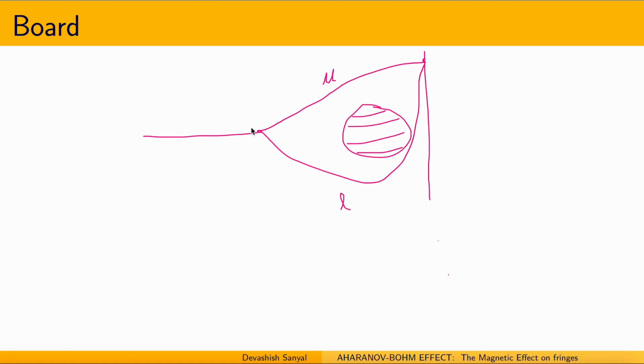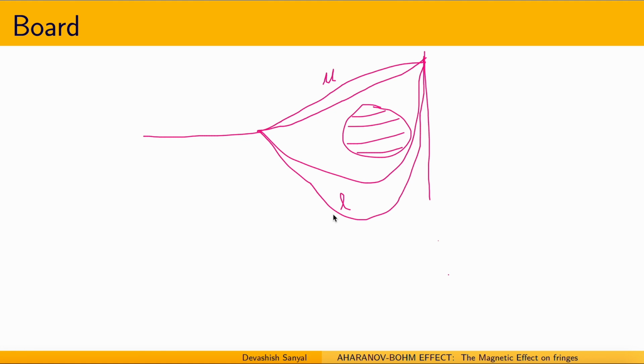There will be many paths in the upper portion that will take the electron to that point, and in the lower portion there will also be many paths that will take the electron to that point. So the electron comes and then it is split. A part of the wave goes to the upper region and part of the wave goes to the lower region, and they recombine here.